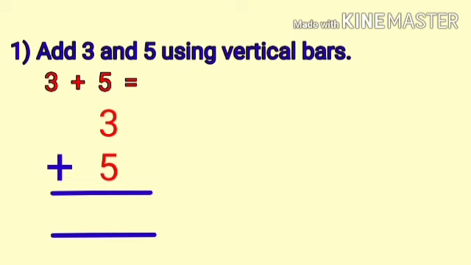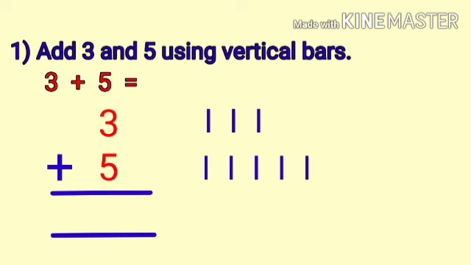Now we have to draw vertical bars to represent these numbers. First we draw 3 vertical bars to represent 3. Next we draw 5 vertical bars to represent 5.